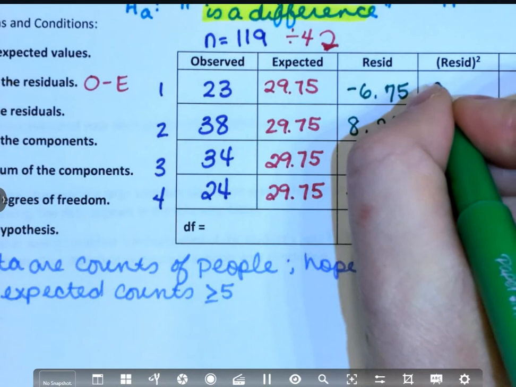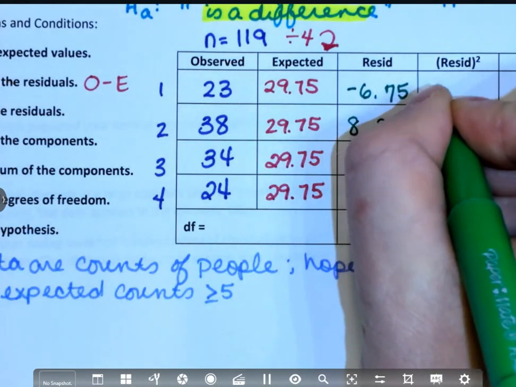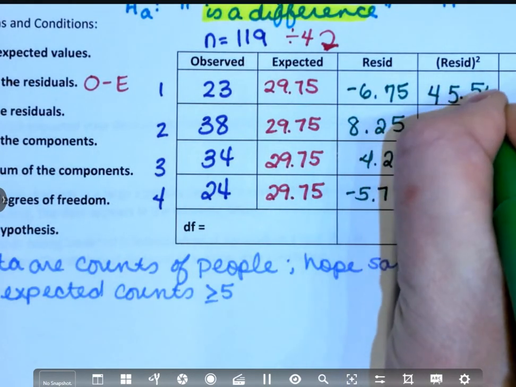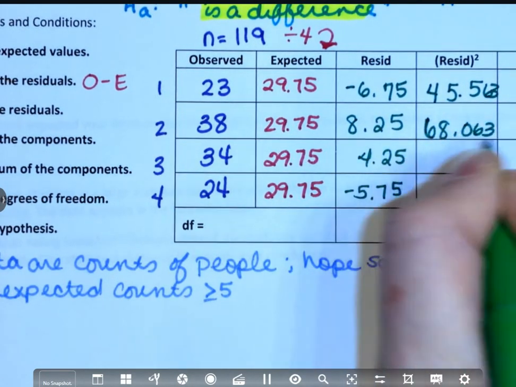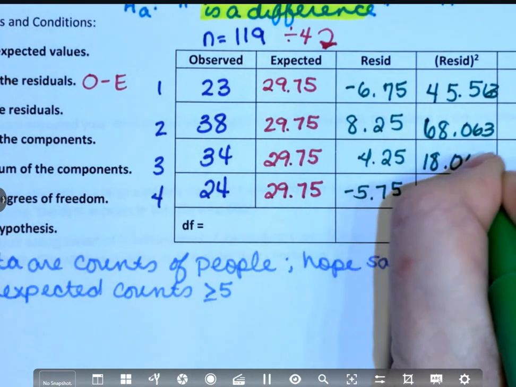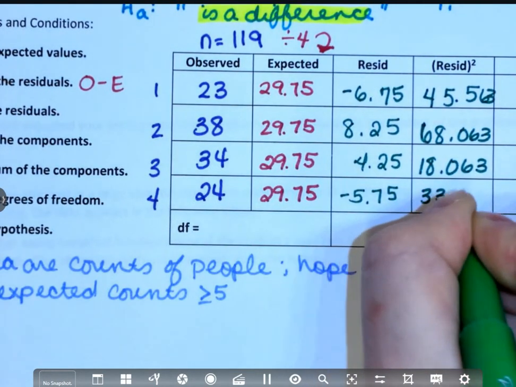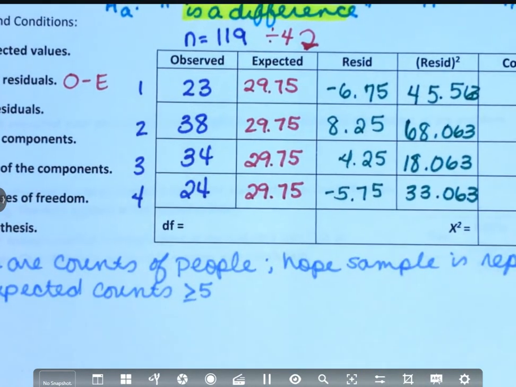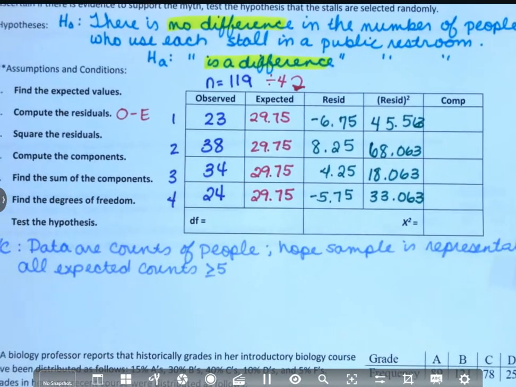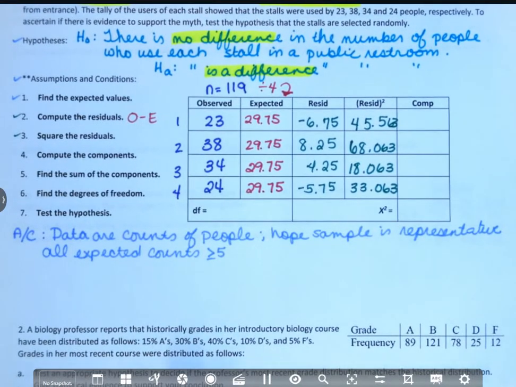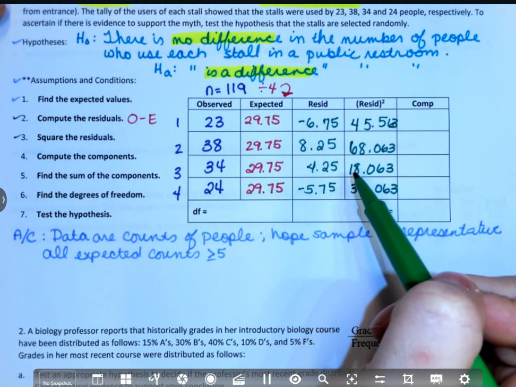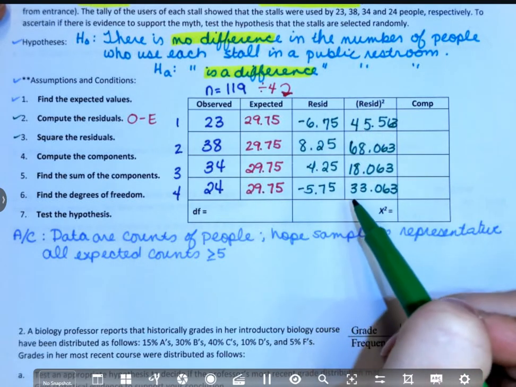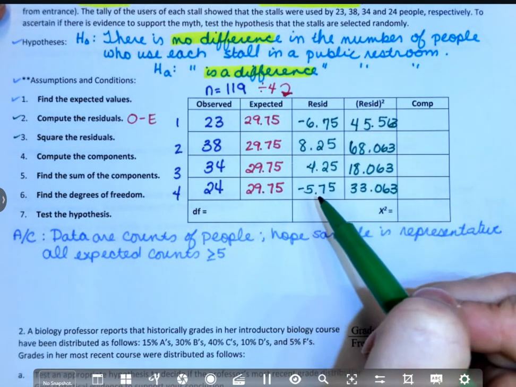So that means my squared residuals here are going to be 45.563, 68.063, 18.063, and 33.063. What that's going to do is that makes it so that I'm only looking at how far off I am. So that way this is no longer going to add up to 0. That can tell me how my residuals are like my errors. It's a way of looking at errors without values attached to them.